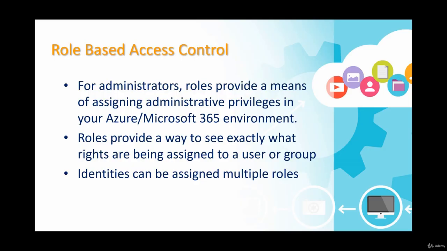One thing I really love about roles is that roles allow us to see exactly what privileges our users, our administrators, are getting. One of the annoying things about group-based access control, going back years and years with ADDS, Active Directory Domain Services, you might recall that you would create a group, put people in the group, then assign permissions to the group and give them the rights they need.